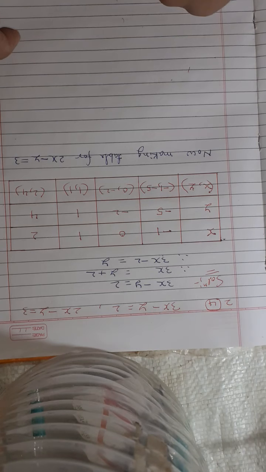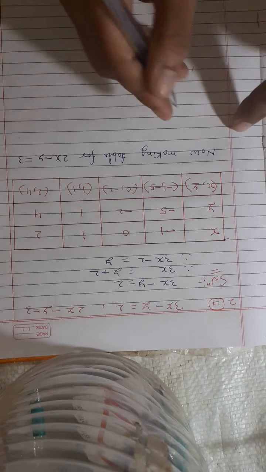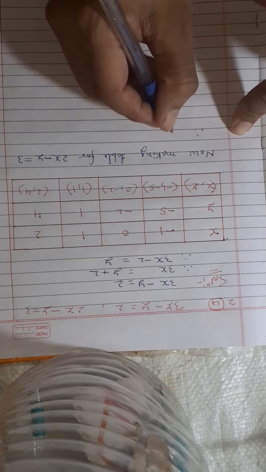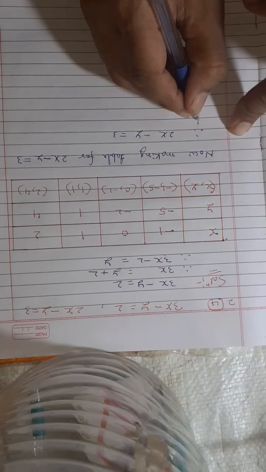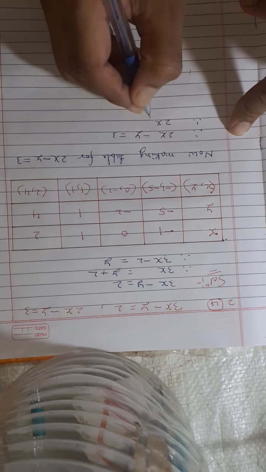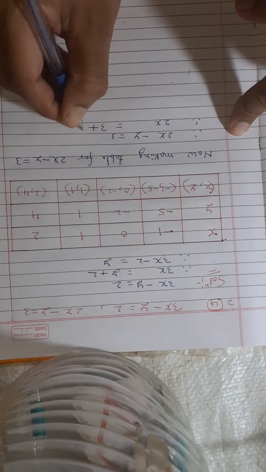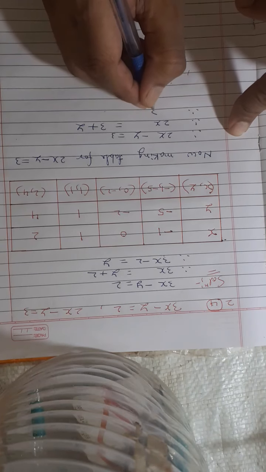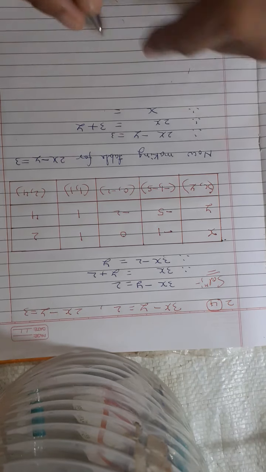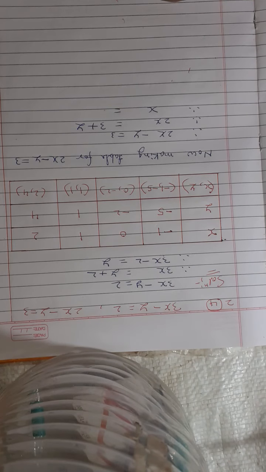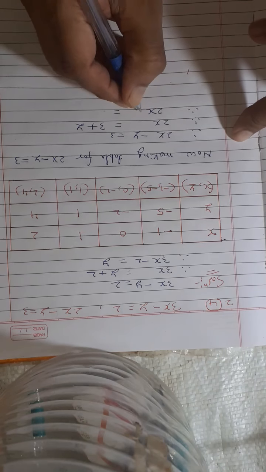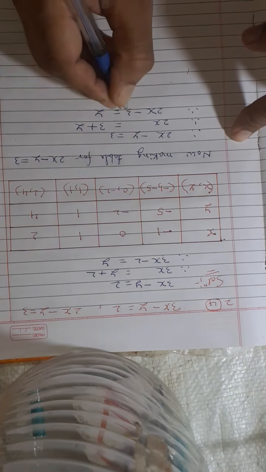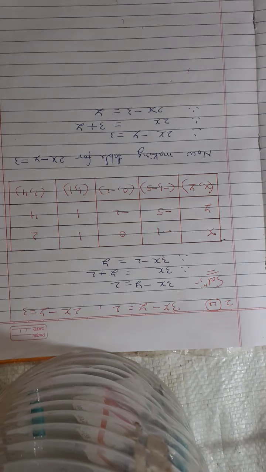Clear? Therefore 2x is equal to 3 plus y. Therefore, sorry, 2x minus 3 is equal to y. Clear? So we got the value of y, that is 2x minus 3.